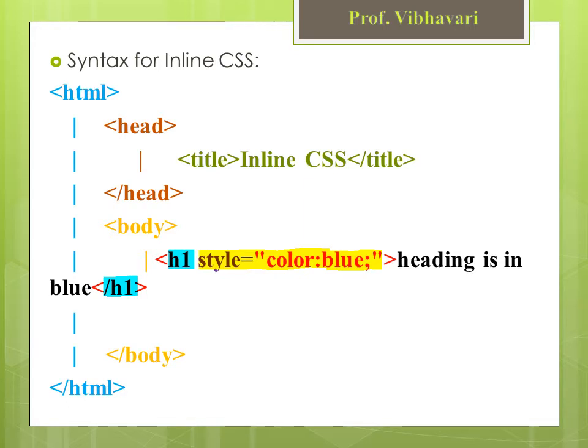It is in the form of the property and its respective value. The property and its value should be separated using the colon symbol and should be ended with the semicolon. Now here for this example I have used only a single property. Hope you will understand this in inline CSS.